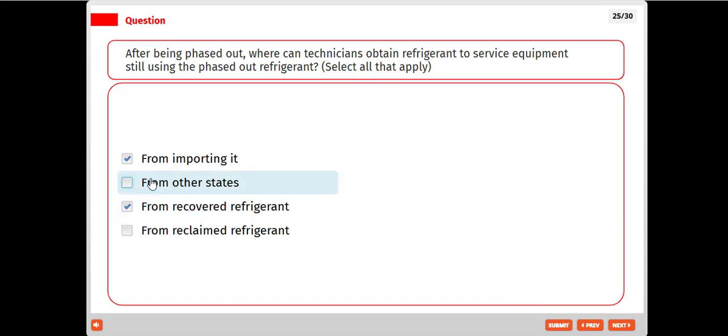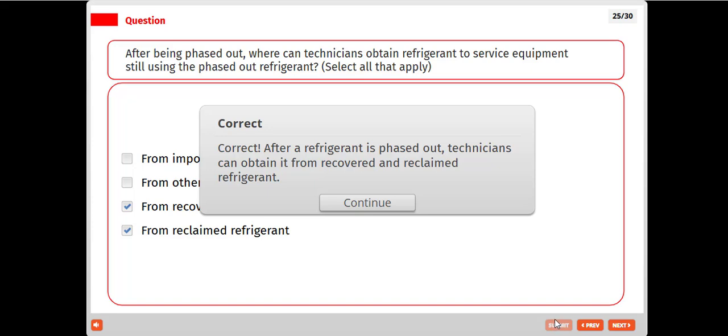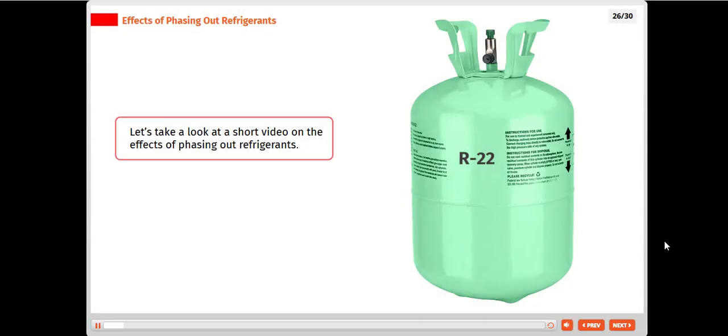No. They cannot import it, and they cannot buy from other states. Correct. After refrigerant is phased out, technicians can obtain it from recovered or reclaimed sources. Let's take a look at a short video on the effects of phasing out refrigerants.